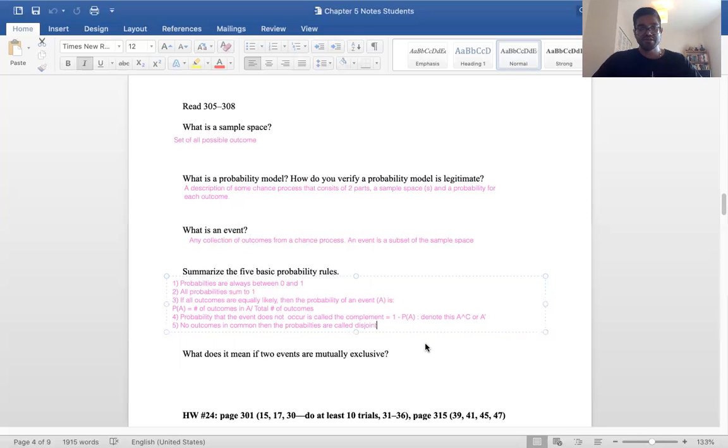Okay, so that leads into this next definition. What does it mean if two events are mutually exclusive? There are no outcomes in common. That is, the probability of A and B both happening equals 0. And so we just write that probability of A and B equals 0.